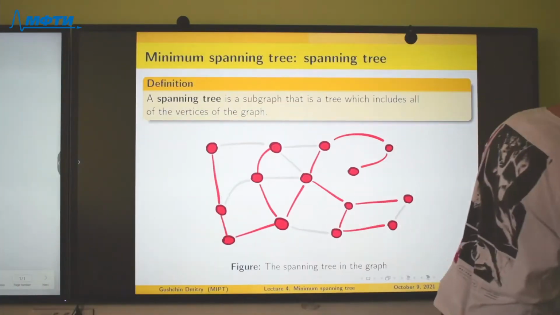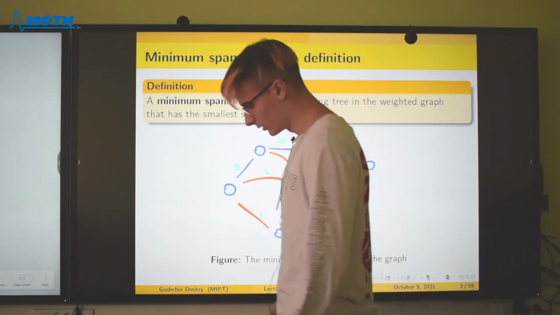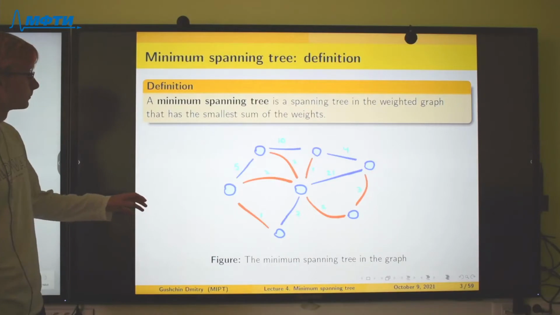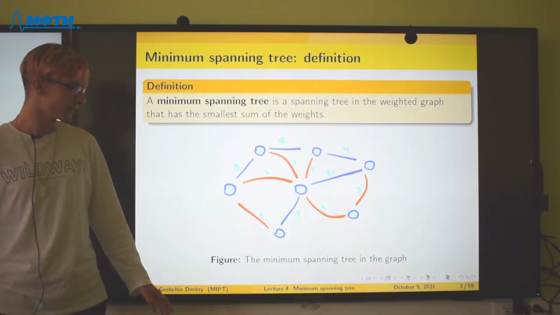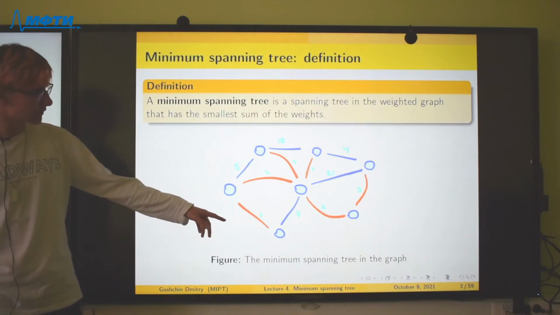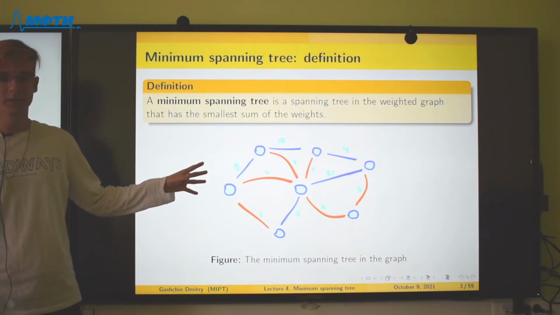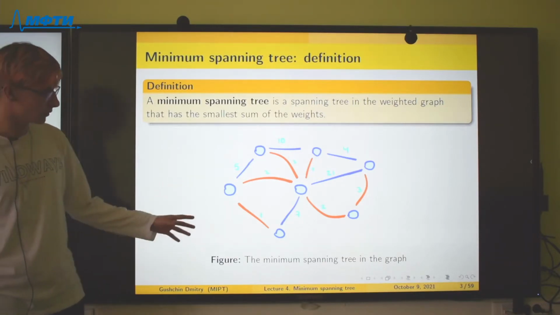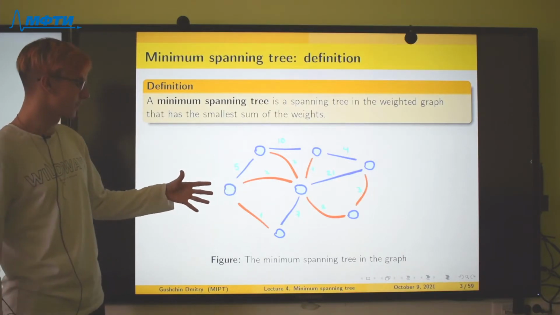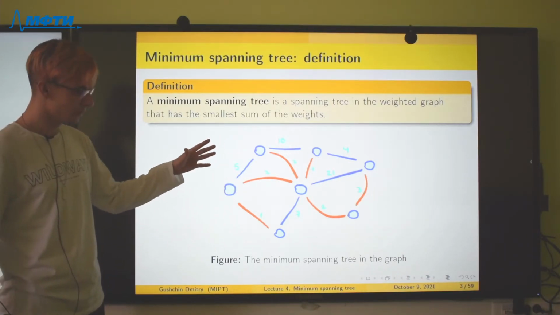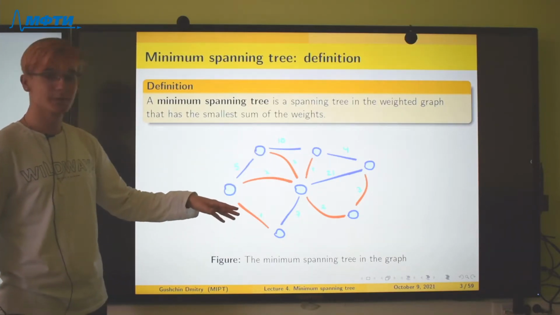So today we'll work with some algorithms about minimum spanning tree, and as you know, each edge has a weight. If we have some subgraph, for example, some spanning tree, we can sum all the weights of the edges in this subgraph.